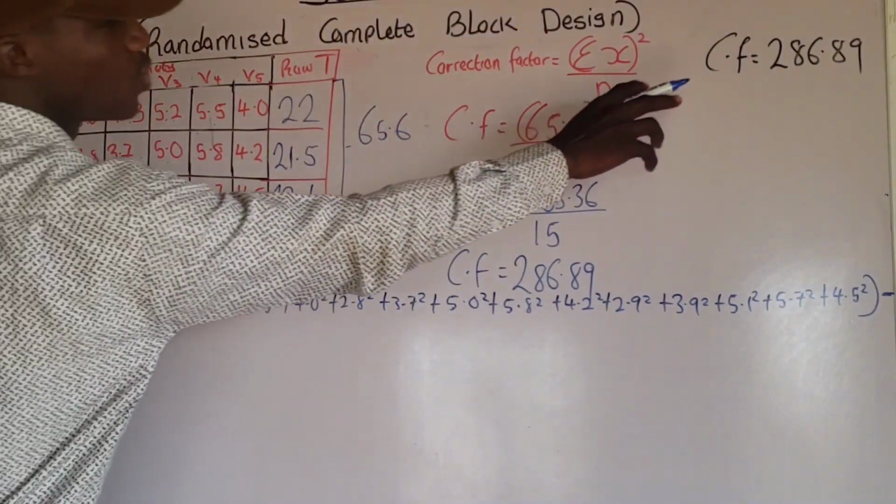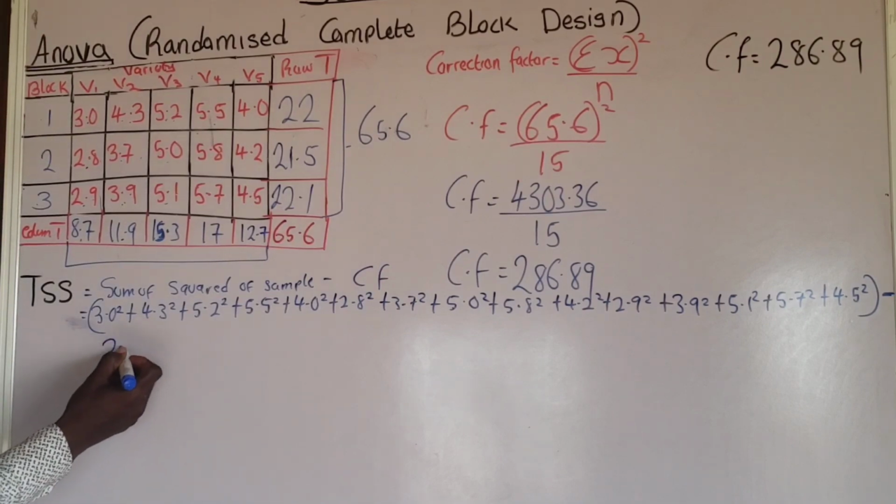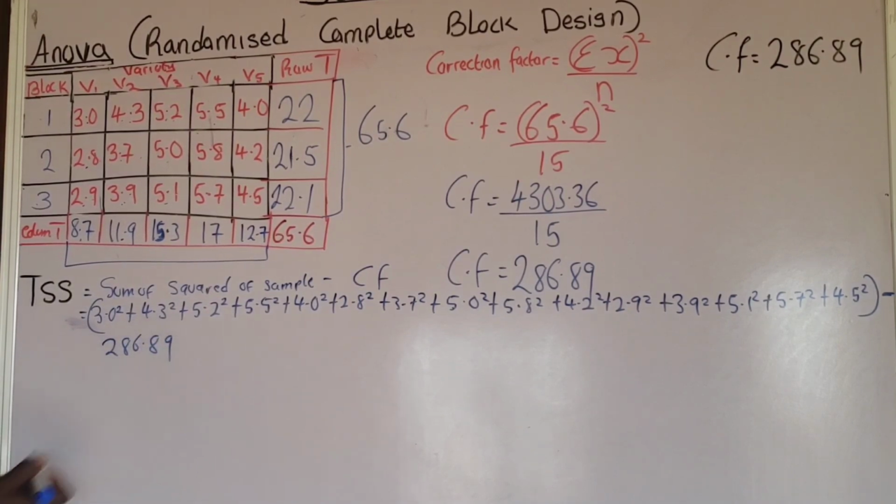The correction factor is 286.89. You can see that we have a long way to go.